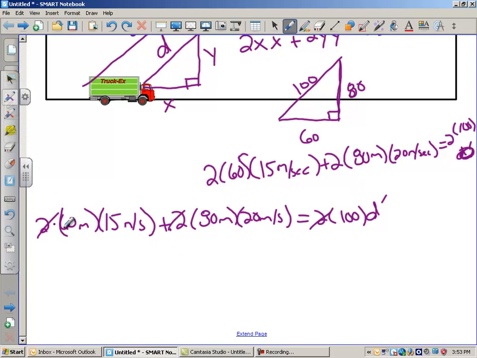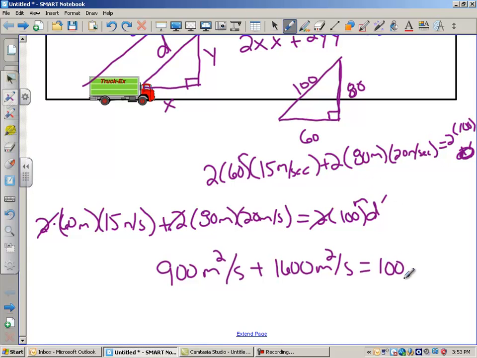And so we're going to get 60 times 15. 10 times 15 is 150 times 6, that's 900 square meters per second, plus 1600 square meters per second equals 100. By the way, that 100 was meters. 100 meters times d prime.